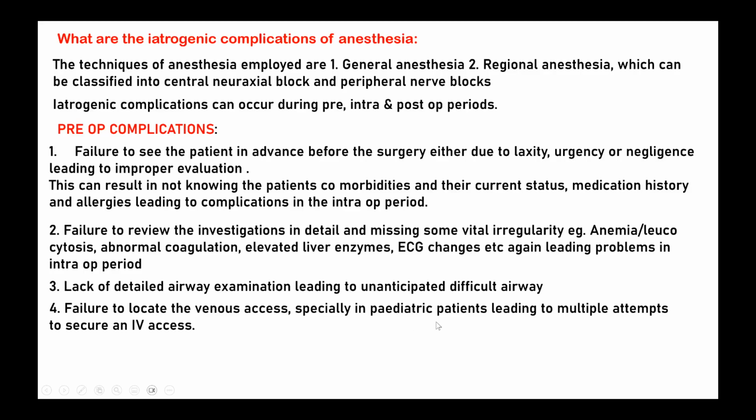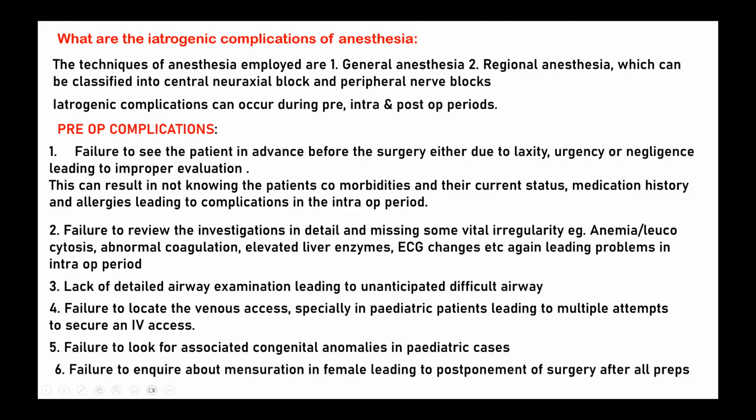So it is always better to locate the venous access, one to prevent multiple attempts as well as to identify where you can have a good access and secure it at the earliest. And failure to look at associated congenital anomalies, especially in pediatric cases, is one of the important reasons for iatrogenic complications.